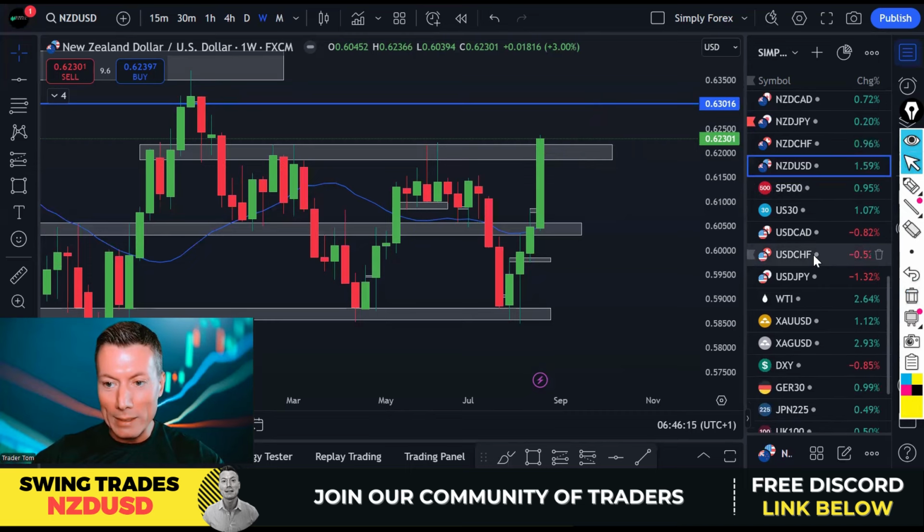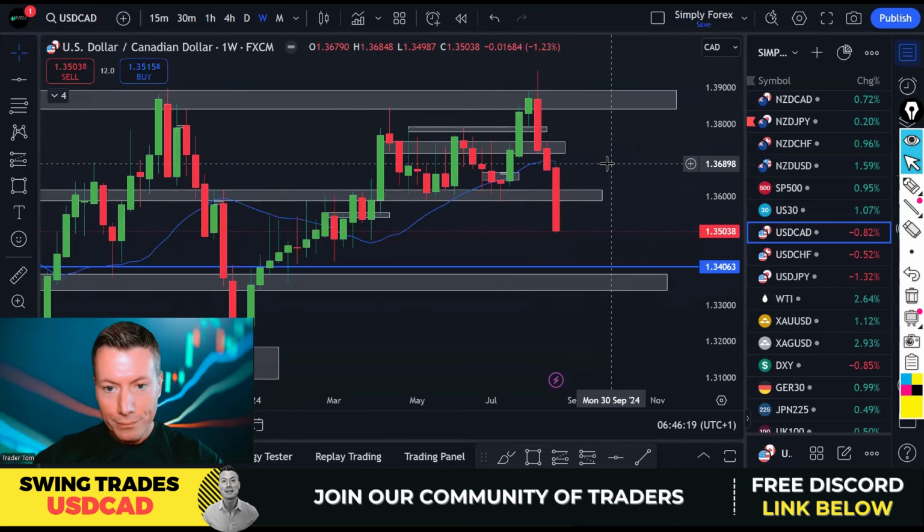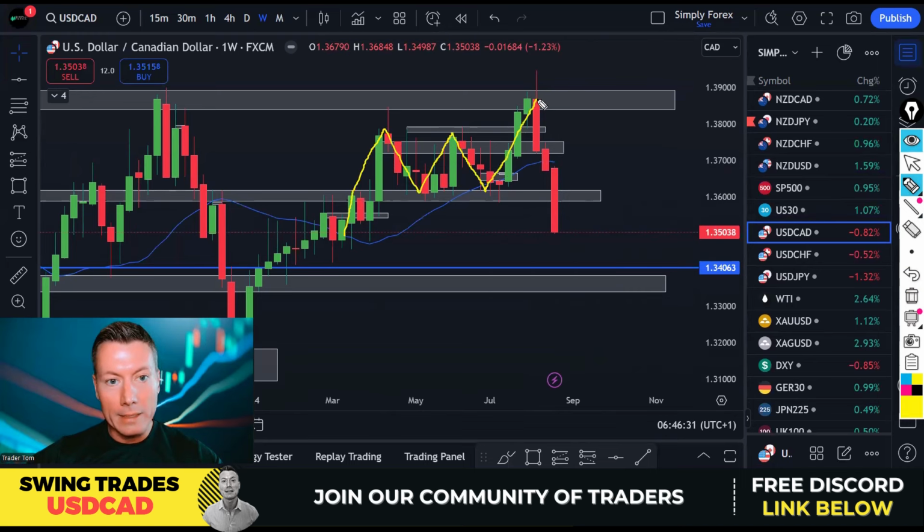The next US dollar pair is US dollar Canadian dollar, right? And this is inversely correlated with New Zealand US dollar, right? So weekly chart, we were in an uptrend, and then this US dollar weakness has just come hurtling down, right?